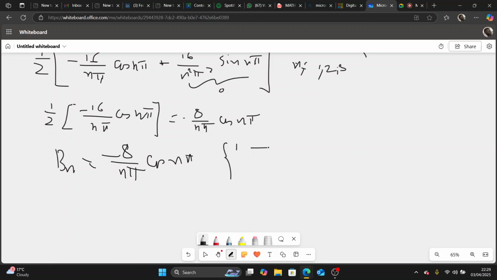When you put n as 1, I think cos pi gives you negative, you got 8 over n pi. You can push the calculator and check. Sure. Is 1 even or odd? I think 1 is an odd number. Yeah. If you put 2, what do you have? You need to get negative 8 over n pi.